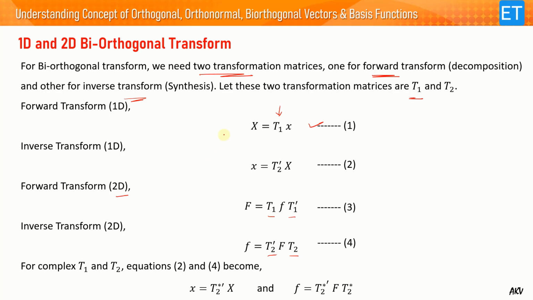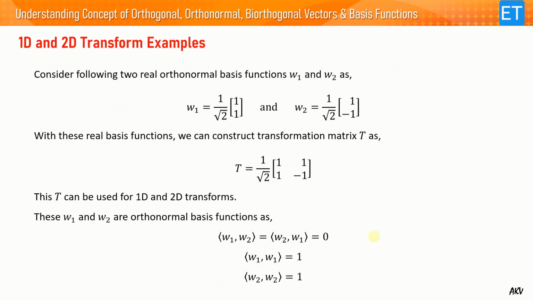Instead of T2 transpose, that will be the T2 conjugate transpose, right? And here in equation 4, this T2 transpose will be the T2 conjugate transpose, and this T2 will be the T2 complex conjugate. So equations 2 and 4, the inverse transform equations, will be changed in case of complex basis functions.